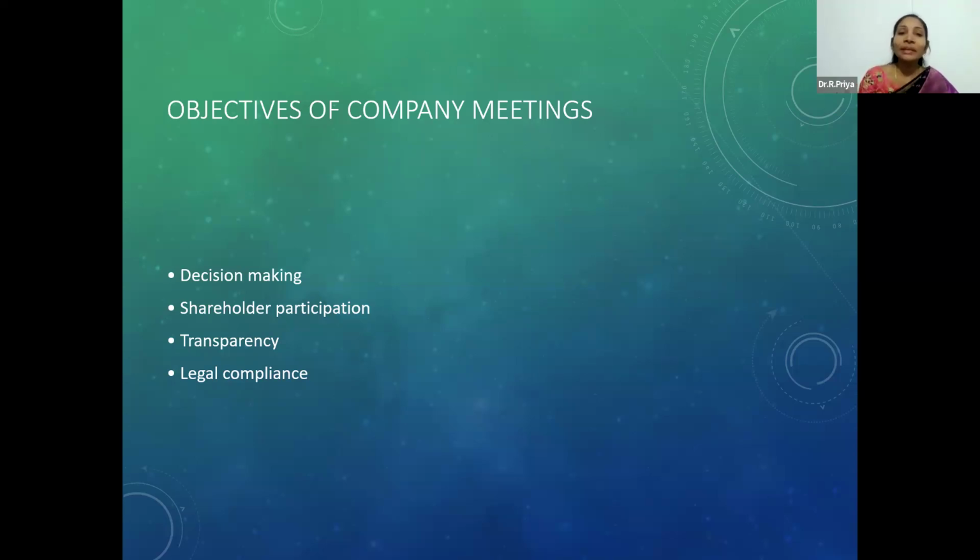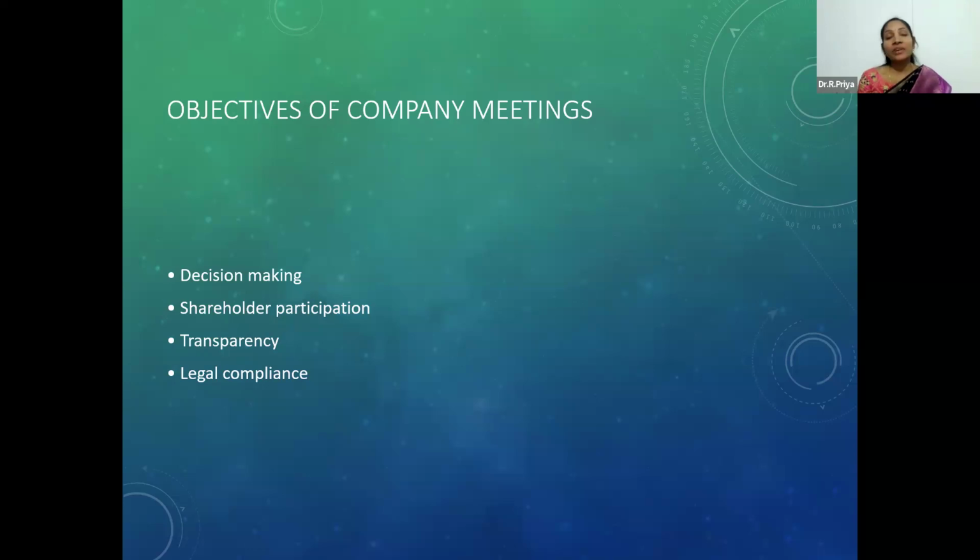Through the meeting, the shareholders receive information about the company's performance, raise questions and queries, seek clarifications, and exercise their voting rights on key matters. This participation strengthens shareholder democracy and ensures that the owners of the company have a voice in how it is governed.